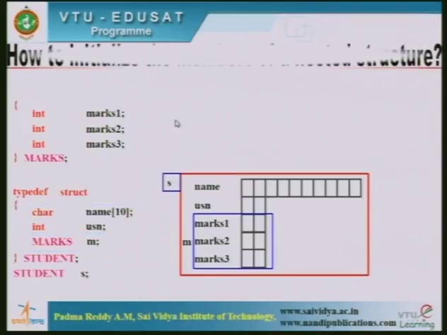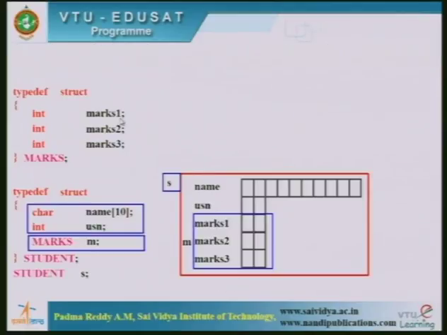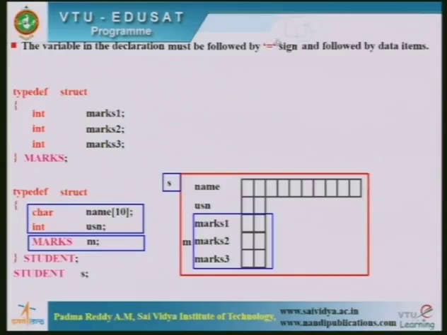Now let us see how to initialize the members of a nested structure. Now here we have name field and here we have USN, but remember this is the structure which is inside another structure. The variable in the declaration must be followed by what?